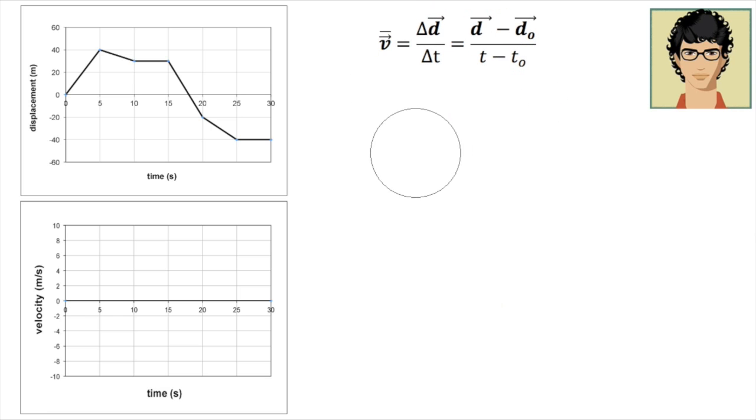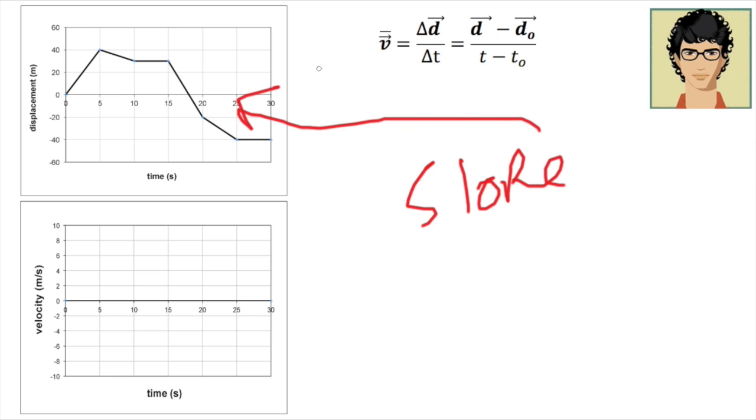It also indicates something else, that it is, in fact, the slope. So this is the slope of a d versus t graph. The rise is in meters, the run is in seconds, and so the slope represents meters per second.